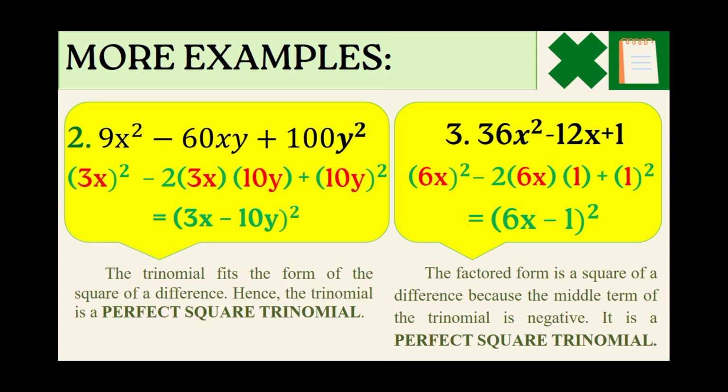Our middle term is negative 12x, which is 6x and 1 multiplied times negative 2, so we have negative 12x. The square of the binomial of this expression is 6x minus 1 squared. The factor form is a square of a difference because the middle term of the trinomial is negative, so it is a perfect square trinomial.